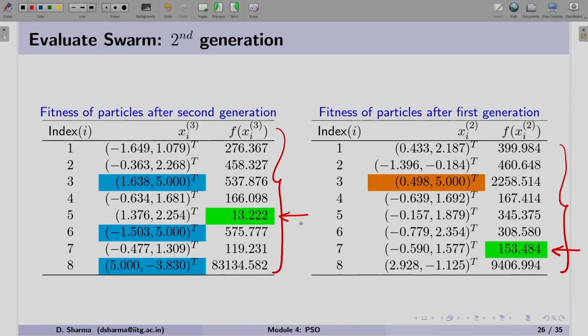That is the whole motive here: the velocity update and the position update, which behave like a variation for the particle, should change the position in a way that the particle moves towards the optimum solution. In a way, every generation the fitness of the particles should improve, as we can see from the left hand and right hand side tables.